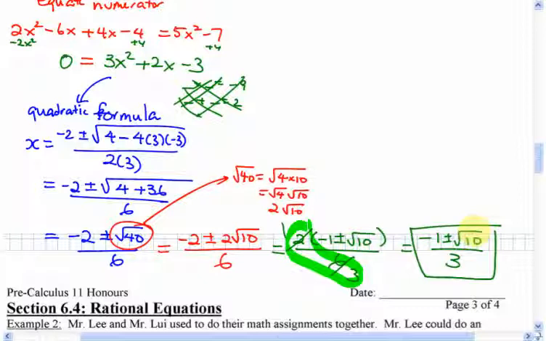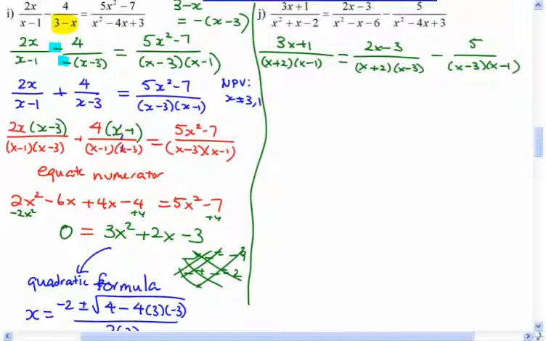Ladies and gentlemen, of course, we always save the best for last, so J will be the final one we try. It looks like there's a whole bunch of trinomials. So why don't you try this first, and then let's see what you can get. Okay, do not freak out, please, because look, I've got the factored form for all three of my fractions.